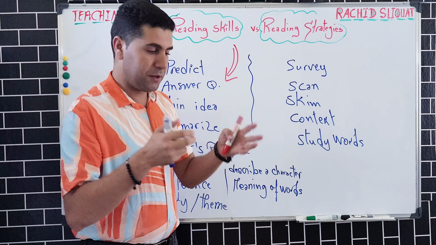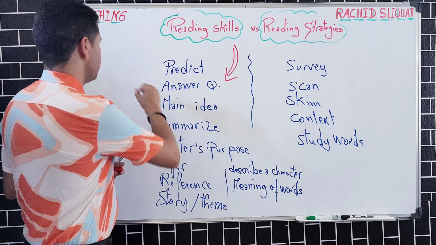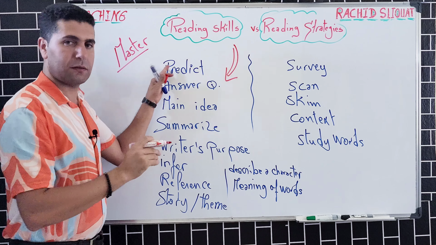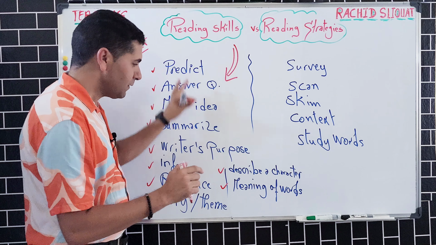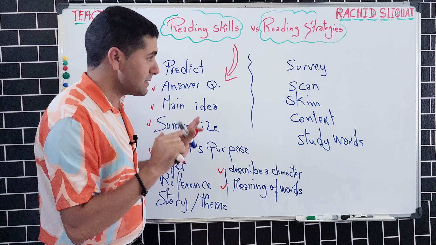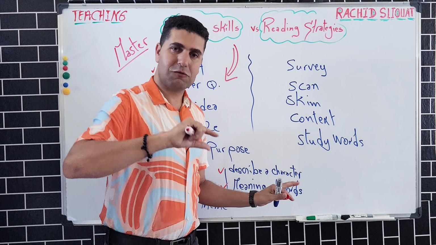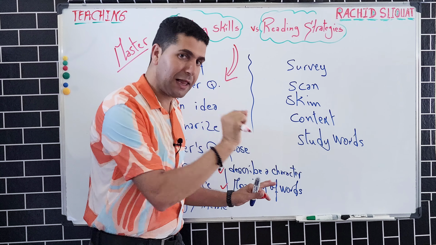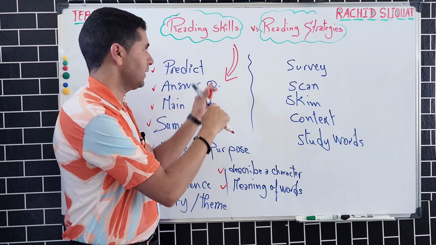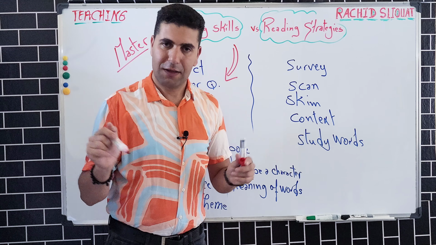In order to help them, in other words, to master these skills. So these are the reading skills. It's all about what we want students to do. And the strategies are those that help students to do or master the skills. Very simple.